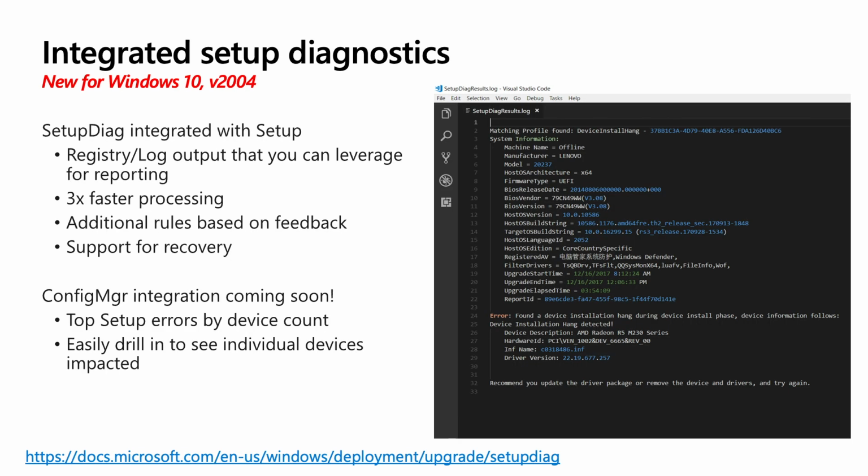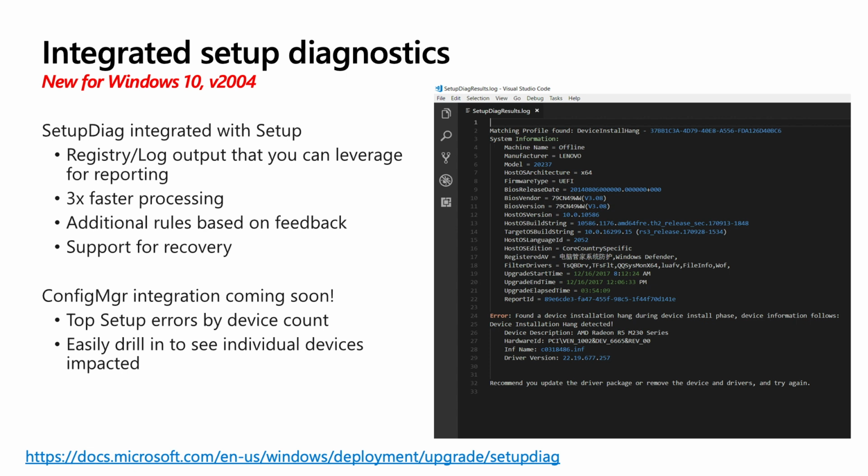I know many of you are already familiar with Setup Diag. Setup Diag is a standalone diagnostic tool that can be used to obtain details about why a Windows 10 update was unsuccessful. With the release of Windows 10 version 2004, Setup Diag is included with Windows Setup. If there is an issue with the update, Setup Diag will automatically run to determine the cause of the failure.